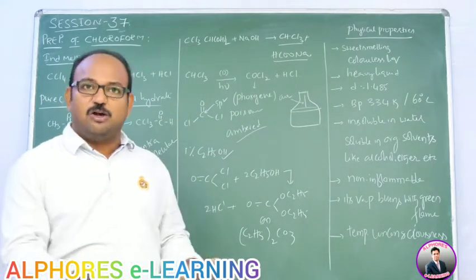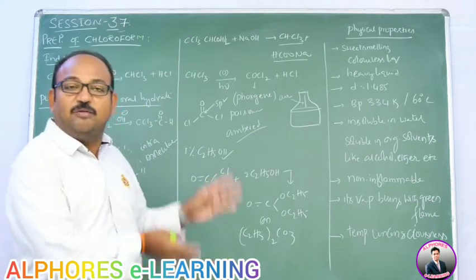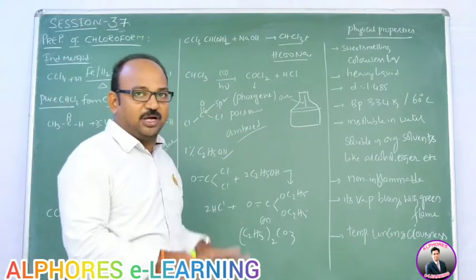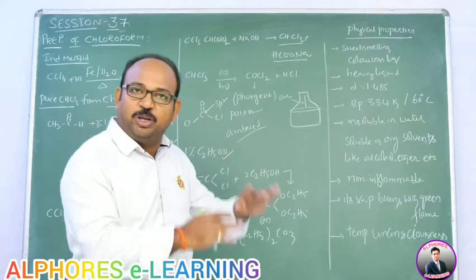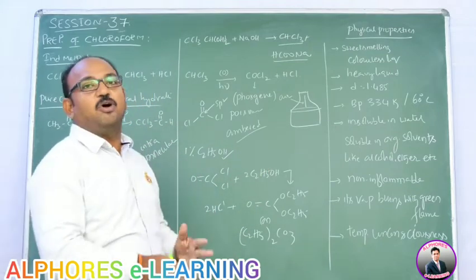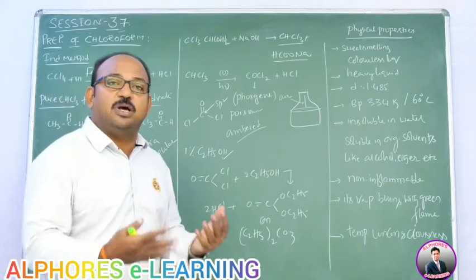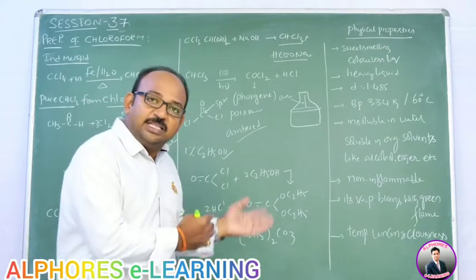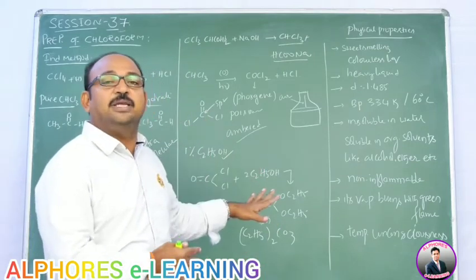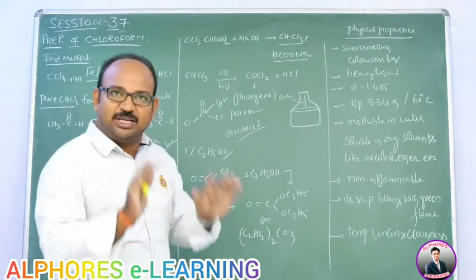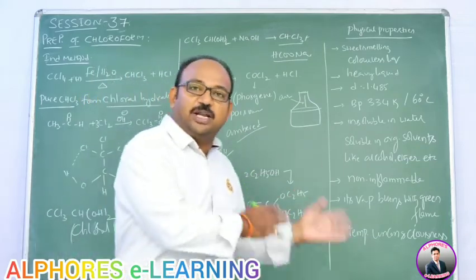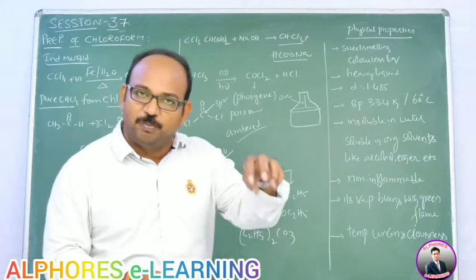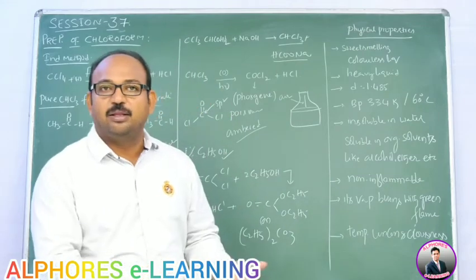I am repeating. Even though we take the earlier two precautions, like filling up to the brim and keeping in amber colored bottles, there is still a chance for photochemical oxidation, light-based oxidation. Hence there is a chance for formation of phosgene. If phosgene forms and, unexpectedly, the same chloroform is administered to a patient, he may die.